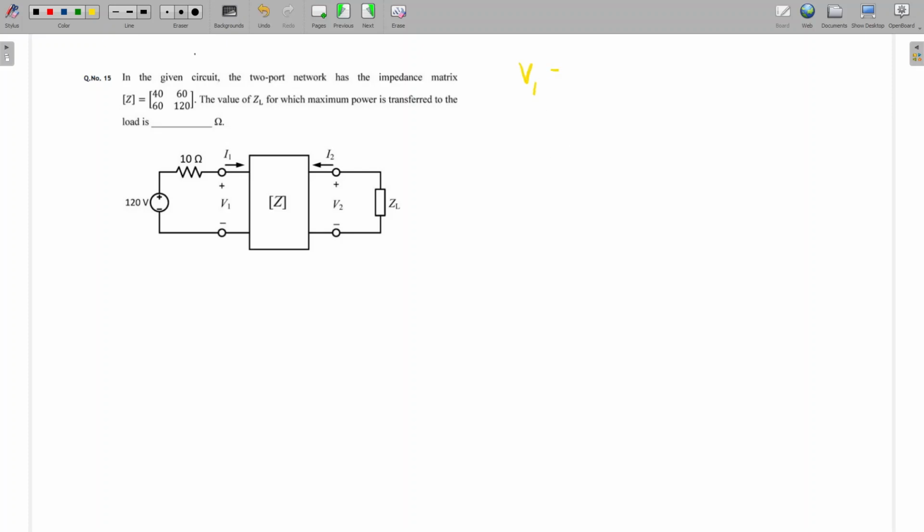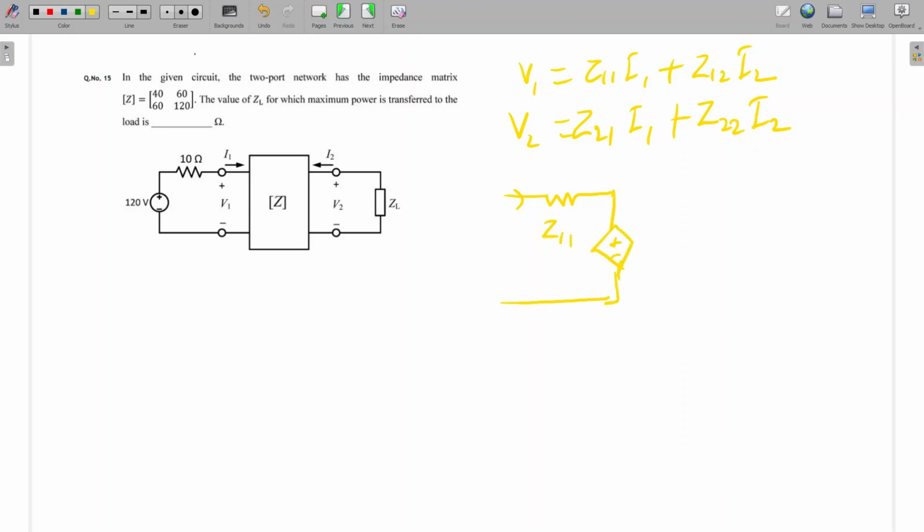V1 is equal to Z11 I1 plus Z12 I2, and V2 is equal to Z21 I1 plus Z22 I2. So this equation we can write as, let's say this is V1, so we write Z11, and this will be plus minus Z12 I2.